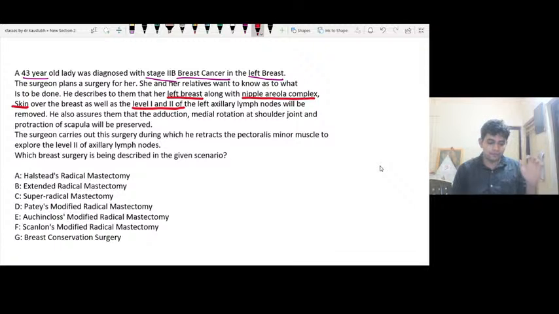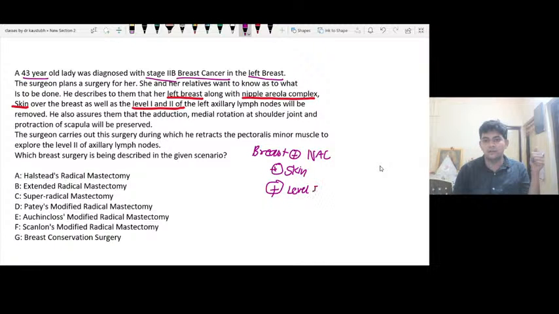So if you look at this very carefully, what we are removing is the breast along with the nipple areola complex, along with the skin over the breast and nipple areola complex, along with level 1 and 2. This is the first thing you need to pick up from this question.